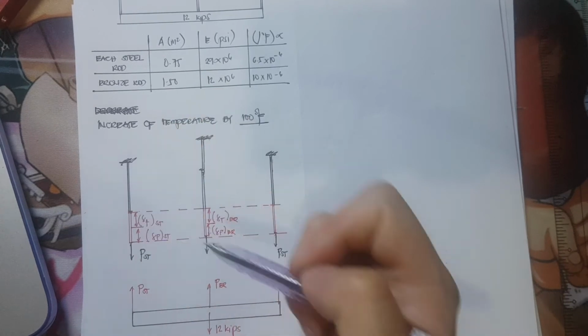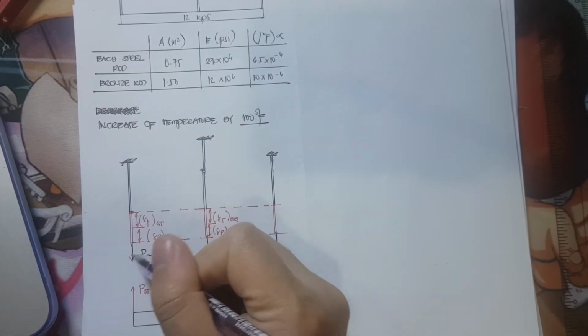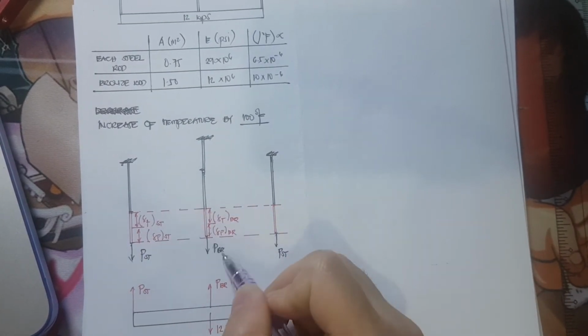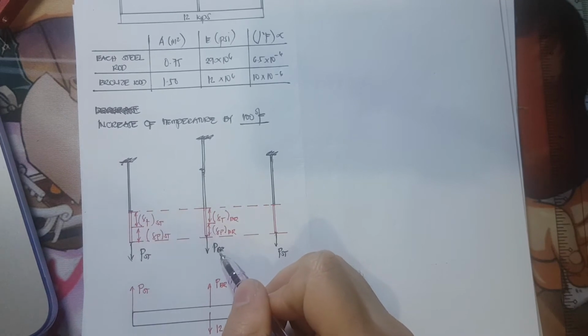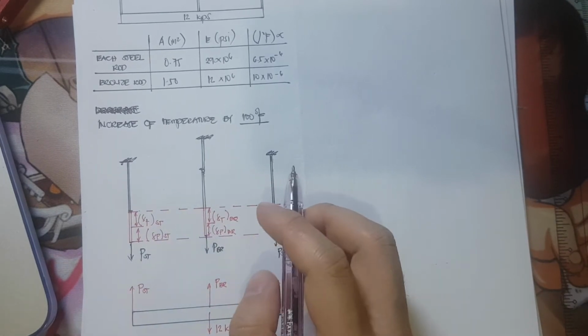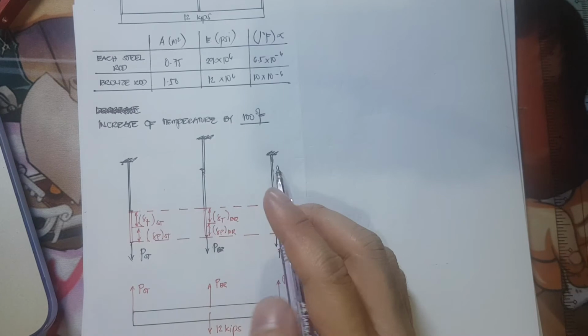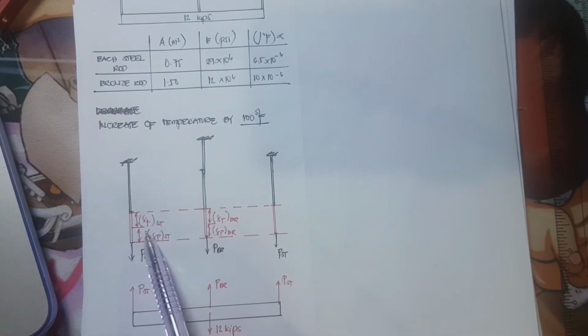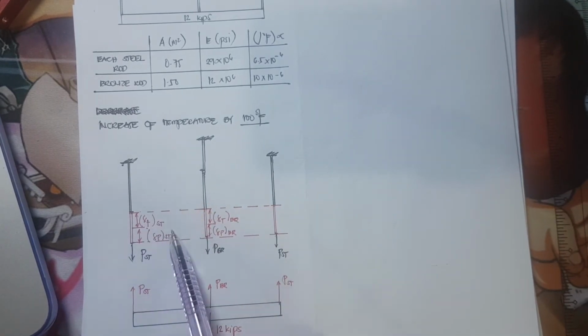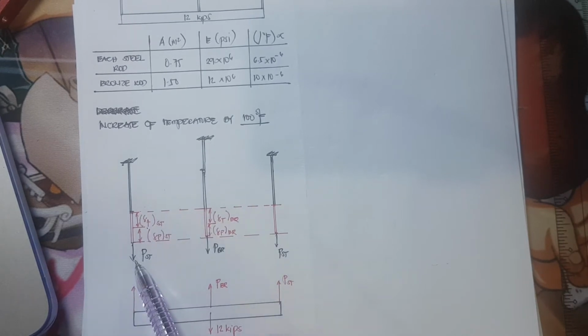If we are to draw the free body diagram, it would look like this. So we will be having a force on the steel, force on the bronze, and force on the steel. So there will be two deformations. The first deformation would be caused by temperature, while the second deformation would be caused by the force P. Okay?